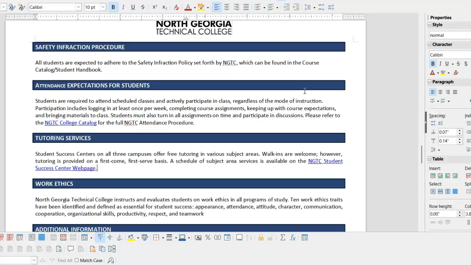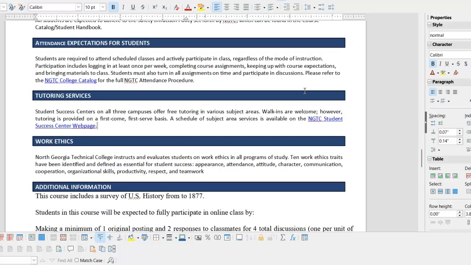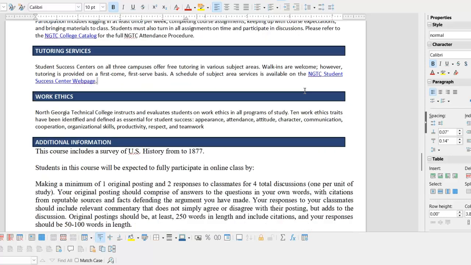Again, we don't have classes, but you're still expected to have all of the course resources that are necessary. You must also turn in all assignments on time and participate in the discussions. That is mandatory. Again, if there are problems, you need to let me know before they are due. There are tutoring services, which are very good, especially for history.